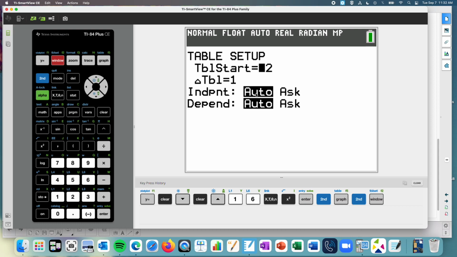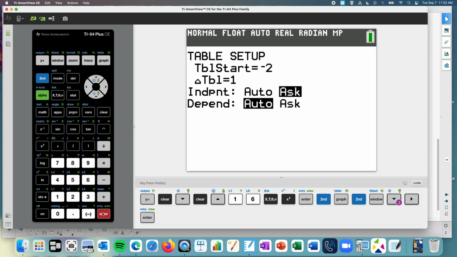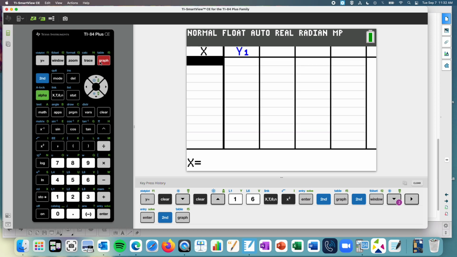Right now, it's on automatic. What I want to do is put independent on ask so that I can tell it what numbers to calculate. And now if I go back to the table, it'll be blank, because I didn't tell it what numbers to calculate.